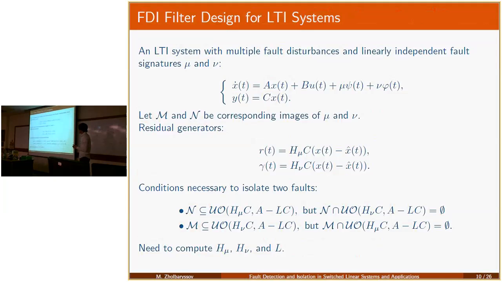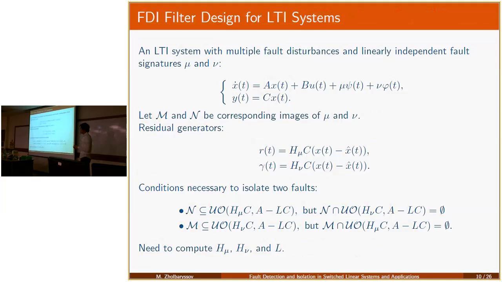For example, here the fault psi should show up in R, but should not show up in gamma, and vice versa for fault disturbance phi. Mathematically, we can write these conditions to isolate these two faults in a straightforward way.